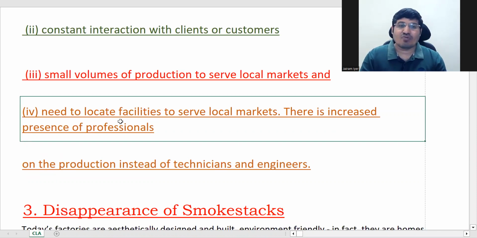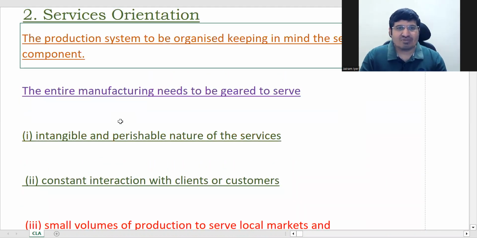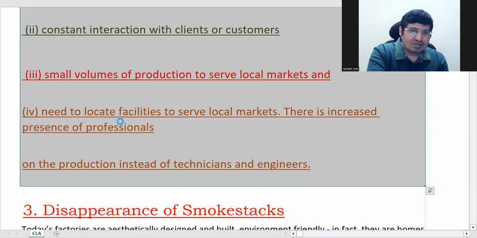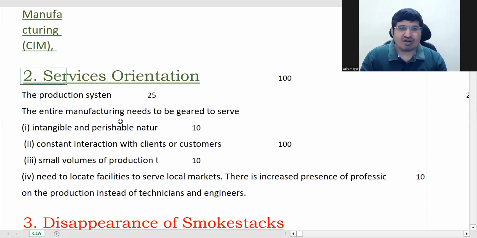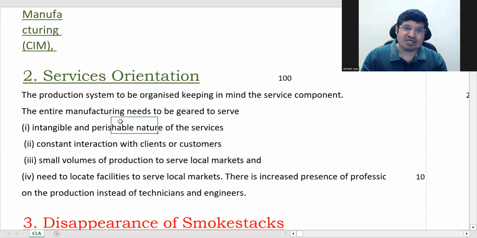Now there are more professionals, because professionals decide how much to produce, and then the engineer produces. So this is basically your services orientation.